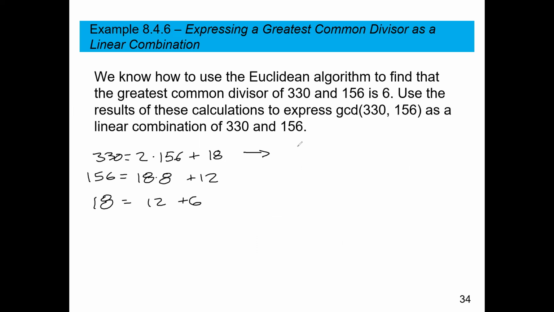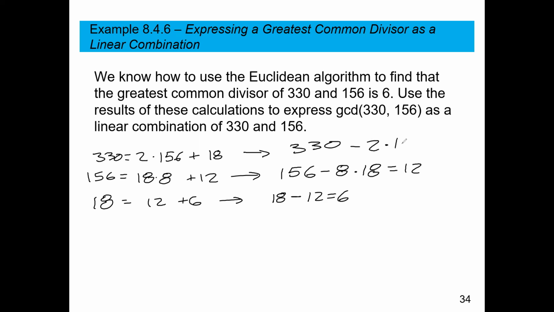I can rewrite this equation as 18 minus 12 equals 6. Rewrite this equation as 156 minus 8 times 18 equals 12. And I'm doing that on purpose. And I'm going to rewrite this one up here as 330 minus 2 times 156 equals 18.